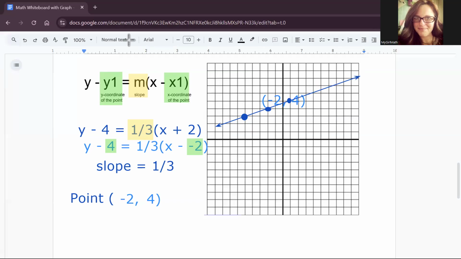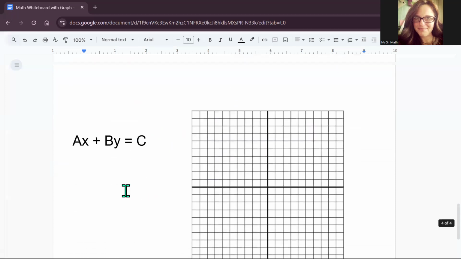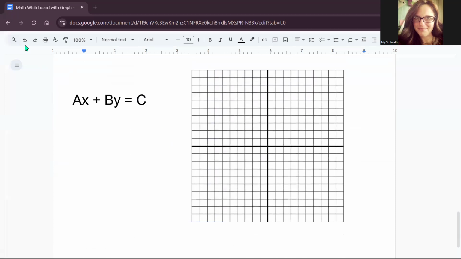Last but not least, we'll take a look at standard form of a linear equation.